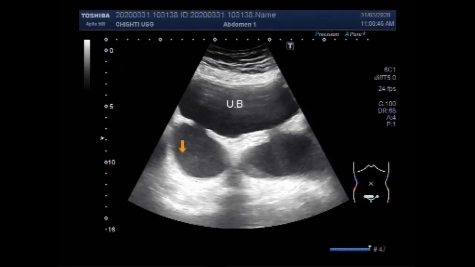This is one diverticulum and the other lies just beside it. Now you can see both the diverticulum.